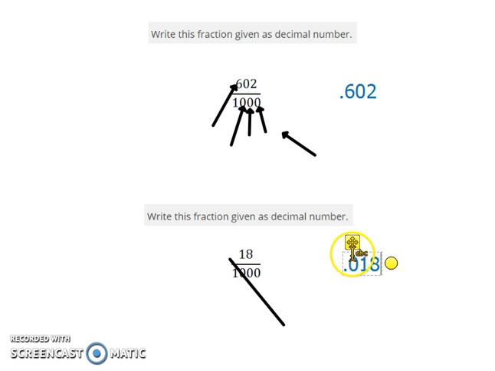If there's ever a gap in between, you have to put the 0 because it's really important. You can put zeros on the end as much as you want because they mean no value. But when they're in between the decimal point and a number, it adds a value. So in this number, we have the decimal point, 0 tenths, 1 hundredth, and 8 thousandths.